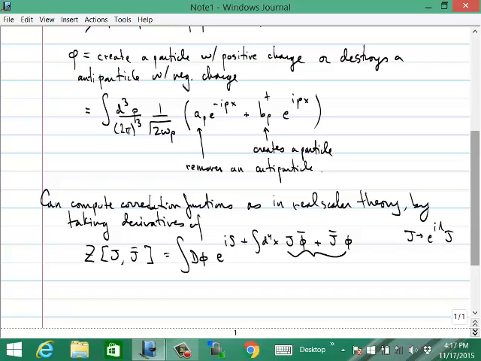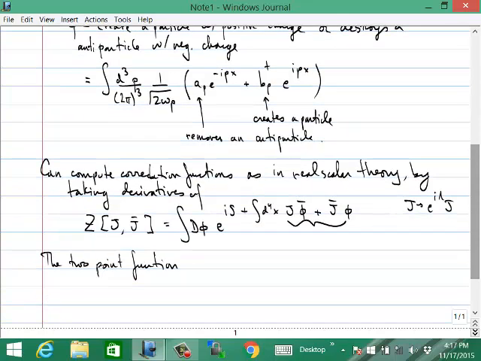So the Feynman rules would allow us to compute, for example, the two-point function. The two-point function is actually something that we've already computed in free field theory.